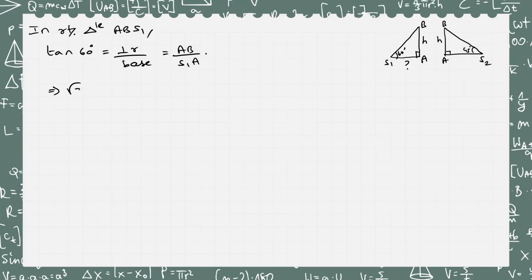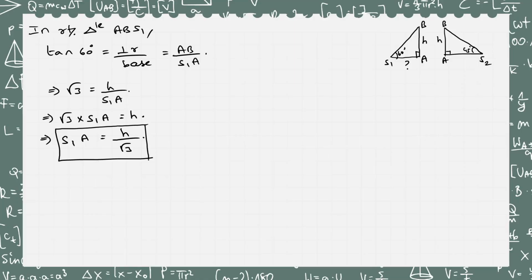So root 3 equals AB, which we have taken as h, remember? So h divided by S1A. Now let us cross multiply. Root 3 into S1A equals h. I need the value of S1A, so I am writing S1A equals h divided by root 3. Let us reserve this for later purpose. Let us call this equation 1.